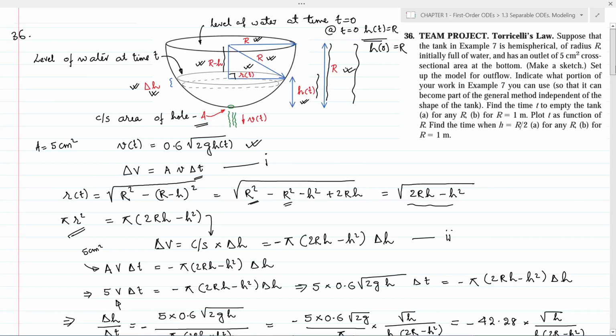Now, the question is asking to find the time t to empty the tank for any radius r and for r equal to 1 meter. When the tank is empty, h of t will be 0.